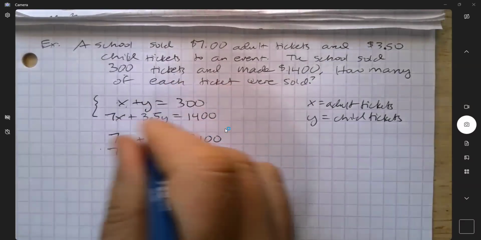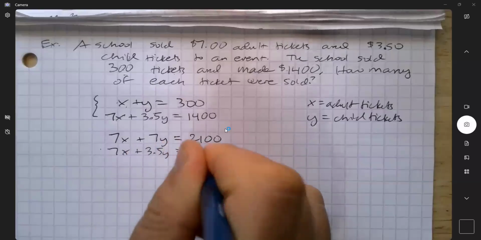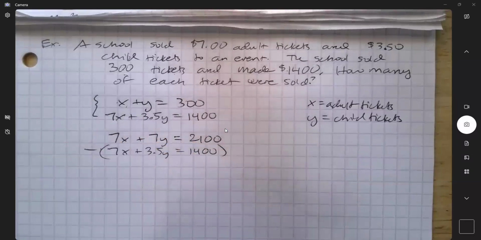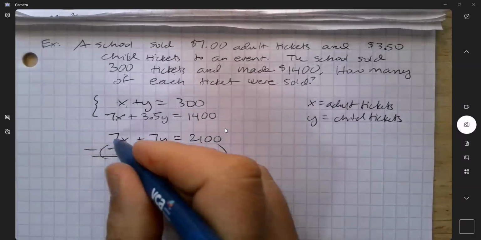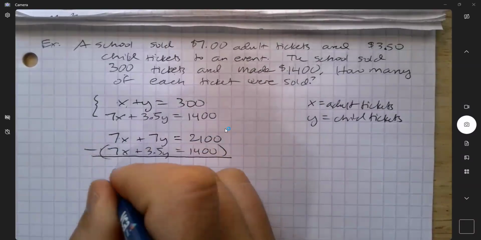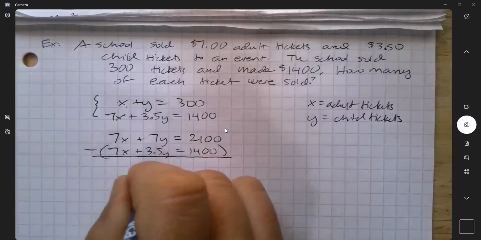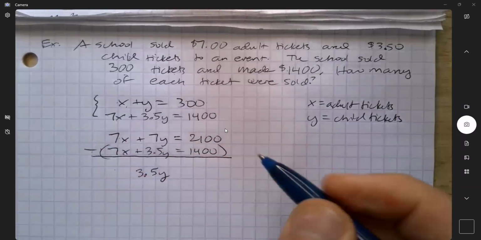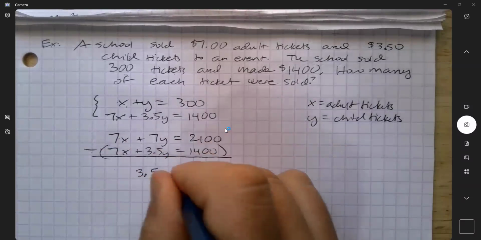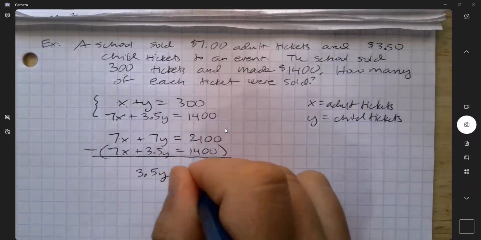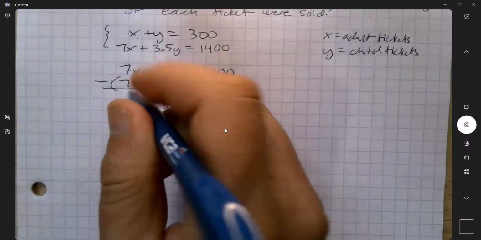And then I'm going to rewrite the second line, and then subtract the whole second line. And that's going to eliminate my x variable. 7x minus 7x is 0x. 7y minus 3.5y gives me 3.5y. And 2,100 minus 1,400 is 700. And now I have eliminated one of the variables.